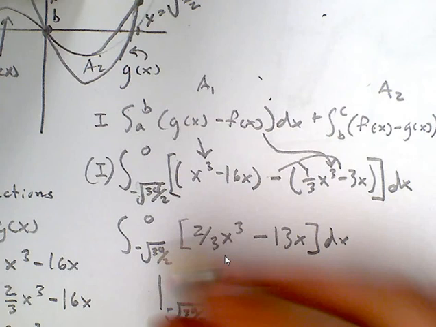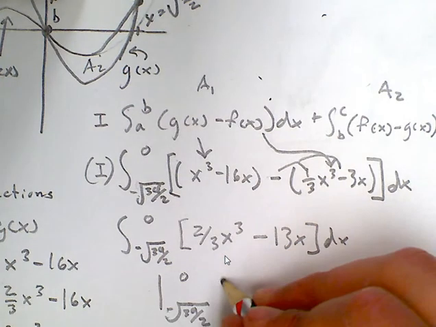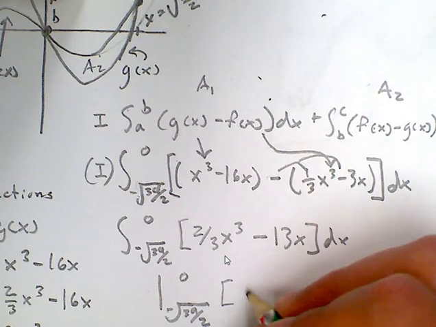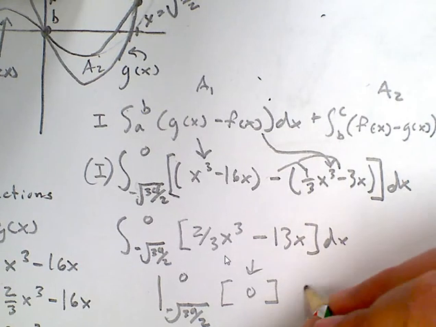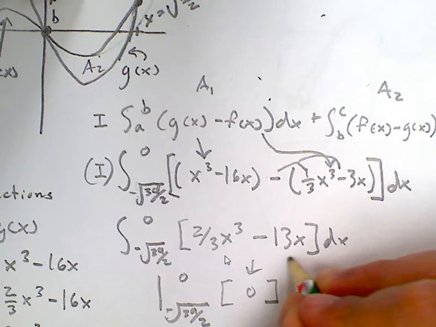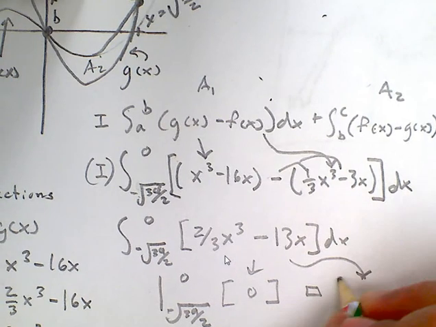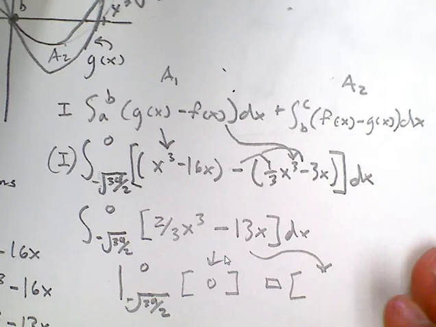Alright, so I plug in 0 first, so that becomes 0. Then I put a minus sign. Then I plug in negative square root of 39/2.